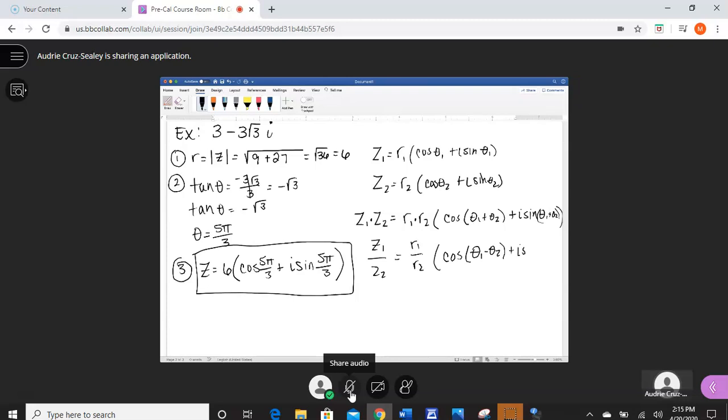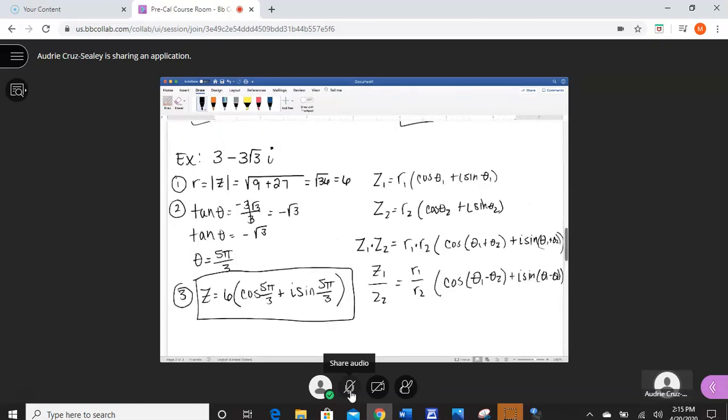You would just subtract the angles, and that's it. Does that make sense? I mean, I'm just giving you the formula. That's all we have to do. We okay? Everybody see this at the bottom of page 113?